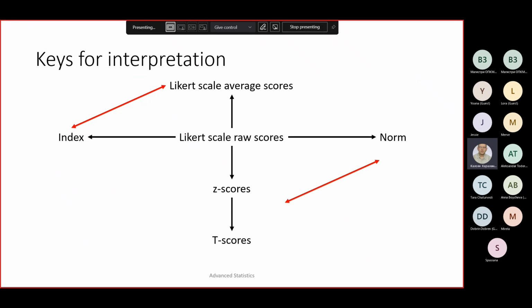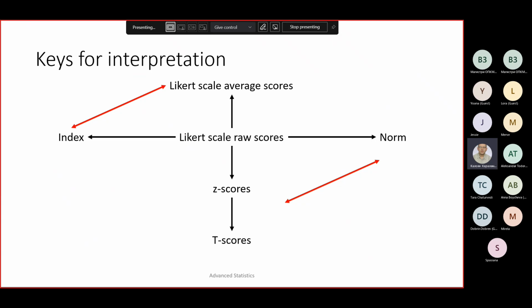Now, similarity between other two transformations is that here we use mean and standard deviation.